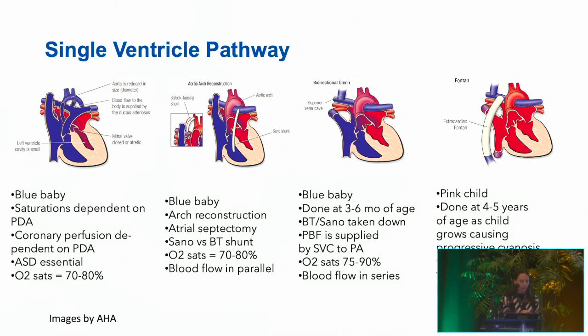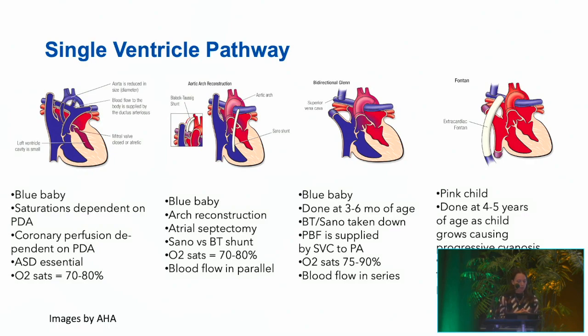Then what they will do, after 1 to 2 days of birth, is a Norwood procedure where there is an arch reconstruction. You have to make your aorta much larger to, number one, feed the coronary arteries, and number two, provide systemic blood flow. They will make sure the atrial septum is wide and there's no restriction of mixing.